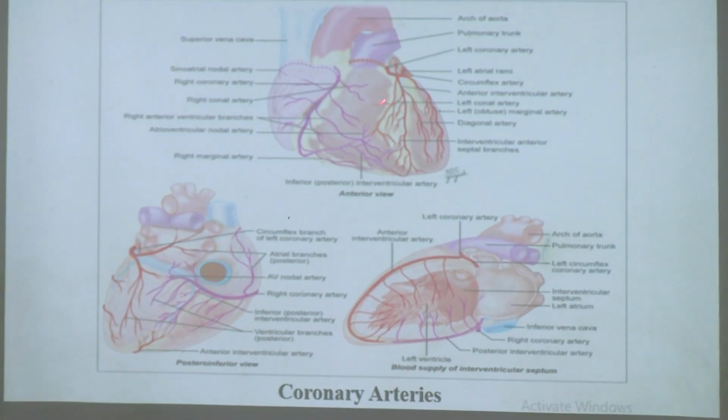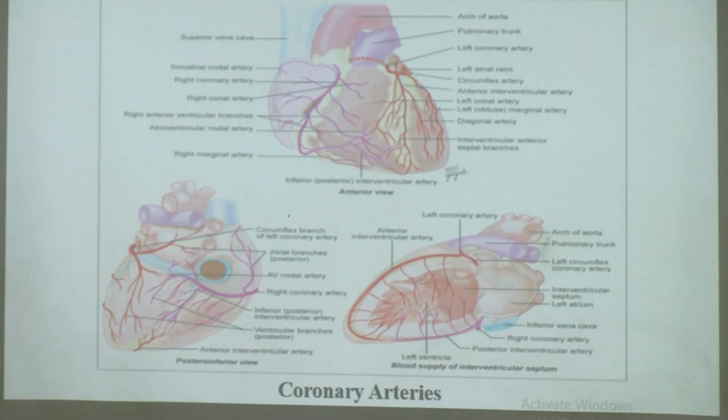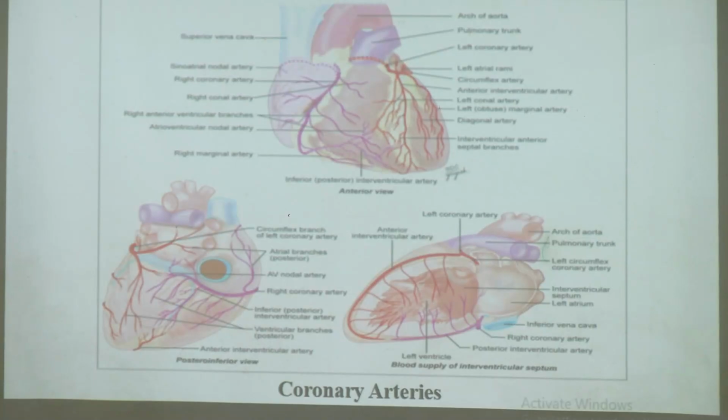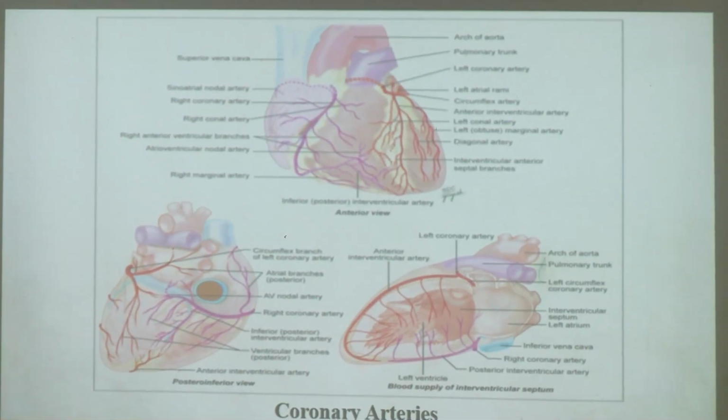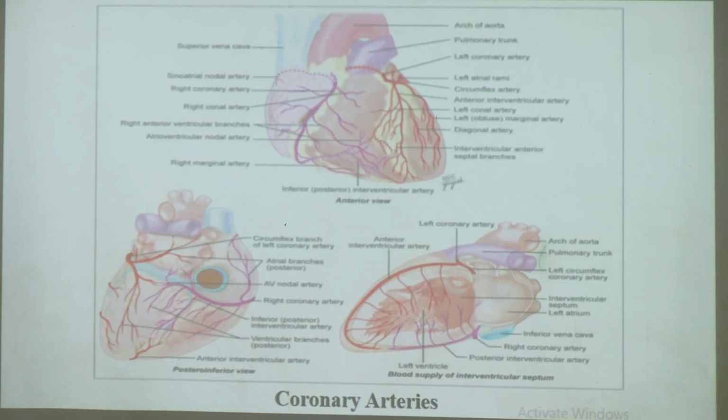If you focus on these two diagrams, these are the diagrams of the heart showing both aspects. This is from the anterior aspect, this is from the posterior aspect. Please keep in mind, whenever you are writing in the exam or studying the coronary arteries, you have to consider both the anterior view as well as the posterior view of the heart.